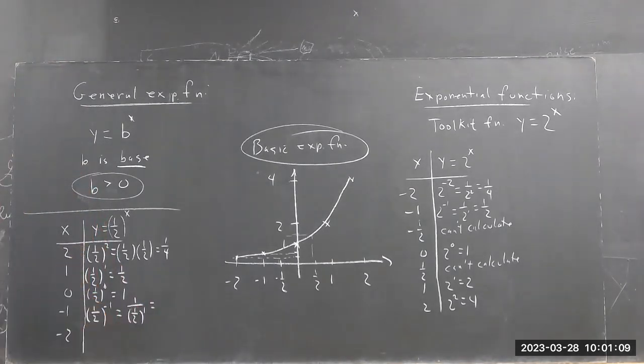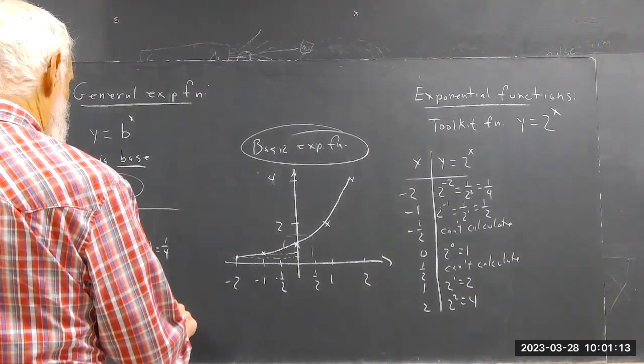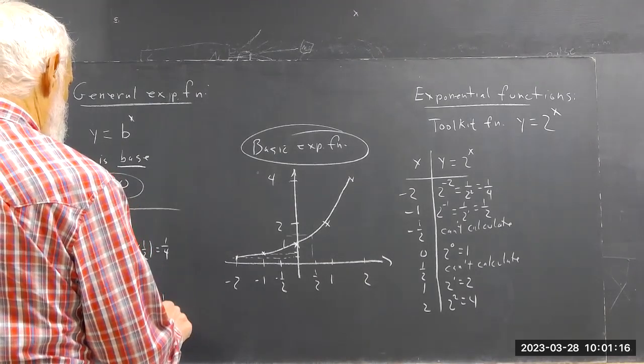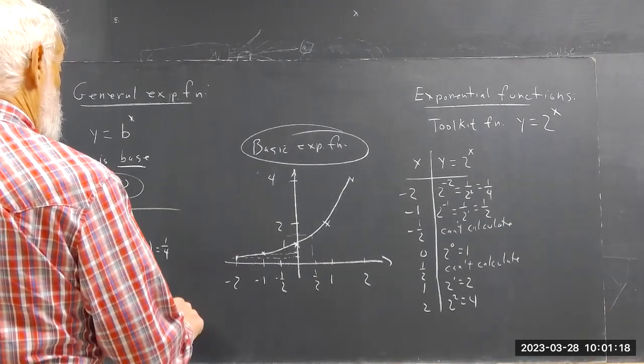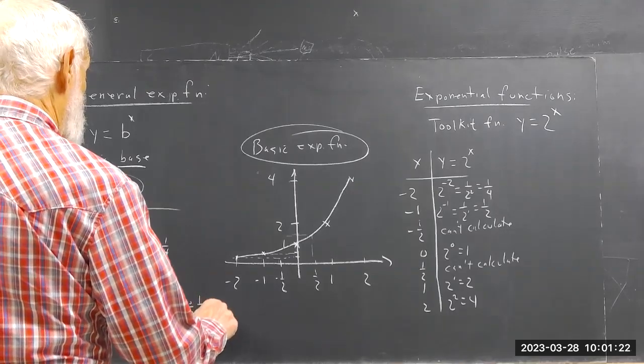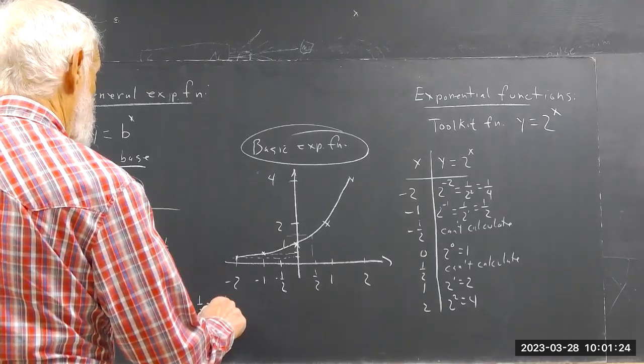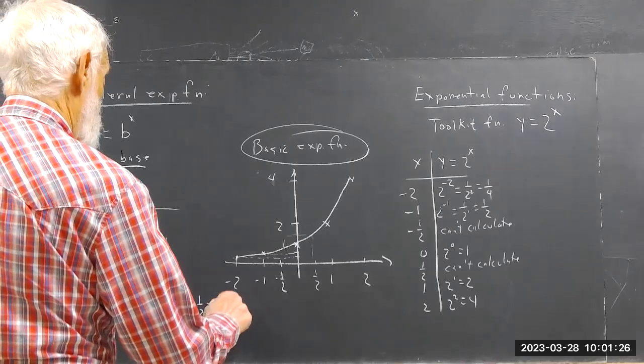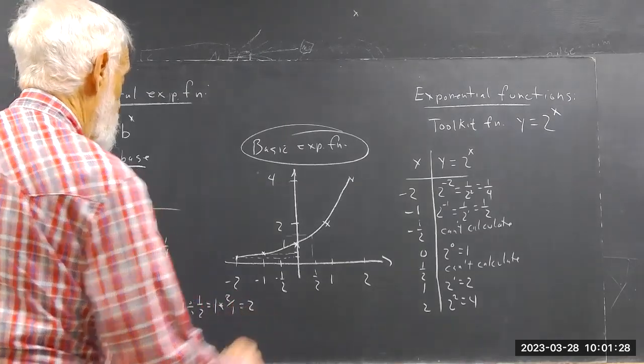And that's what a negative exponent does. Which is 1 over 1/2, which is 1 divided by 1/2, which is 1 times 2 over 1, which is 2.